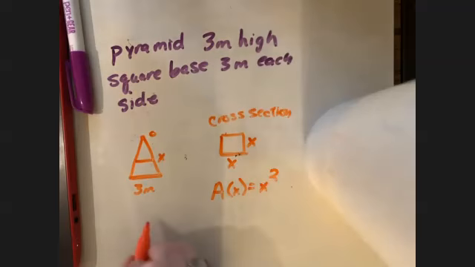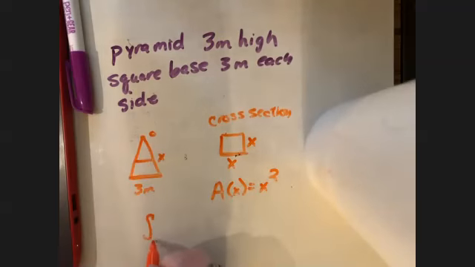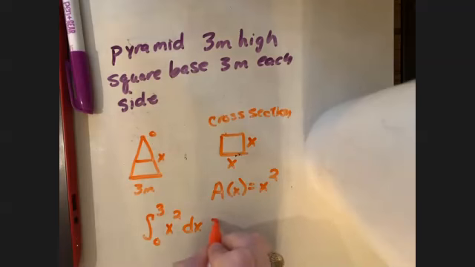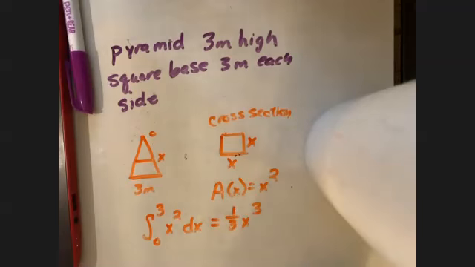So now our integral, working our way down the pyramid, is from 0 to 3 of x squared dx. This integrates to one third x cubed evaluated from 0 to 3.